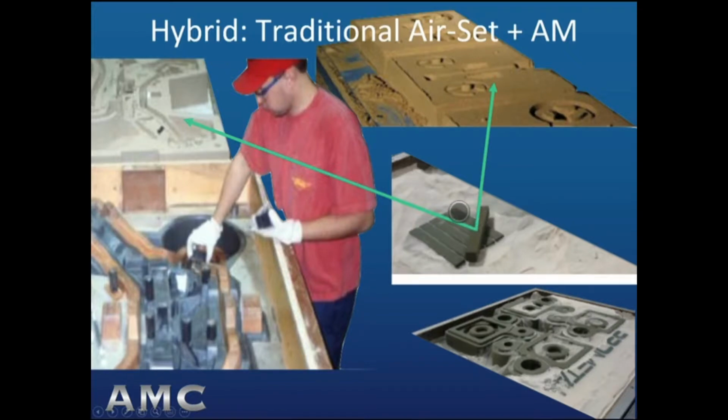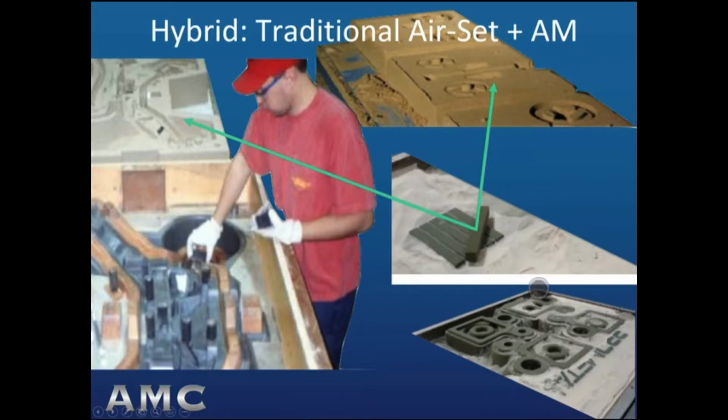So that mold element could be set in the mold just as the operator is setting that chill, or it could be set in the mold above that open drag half there. So that's essentially the way the printed mold elements go into the molds, just like a core would or just like a chill would. At the bottom right is an assembly of many printed mold elements made in one large machine.